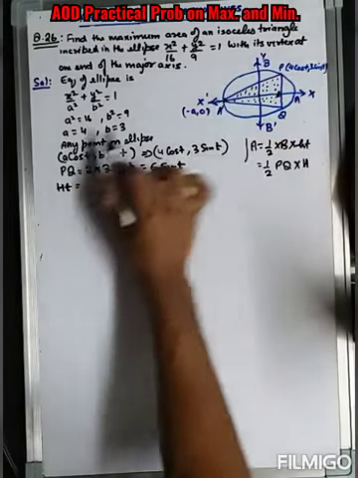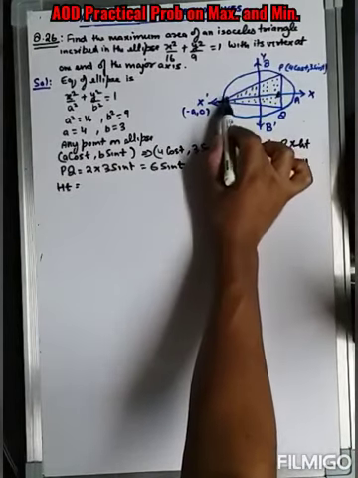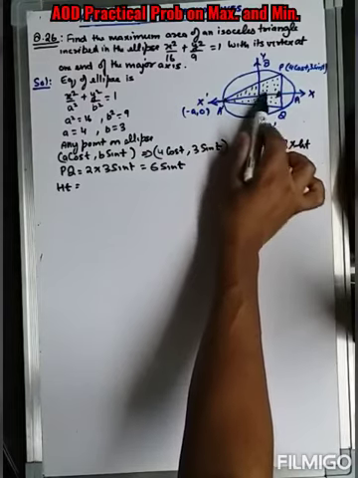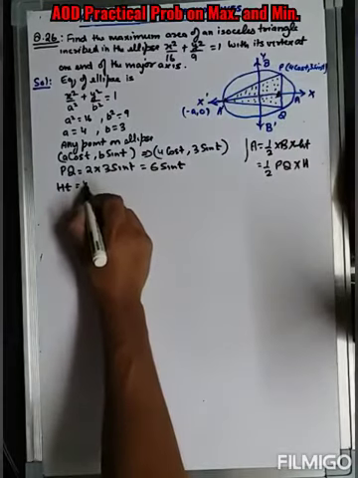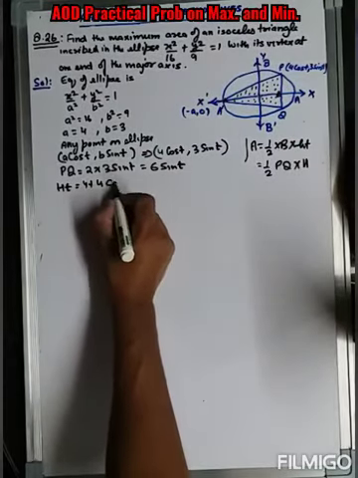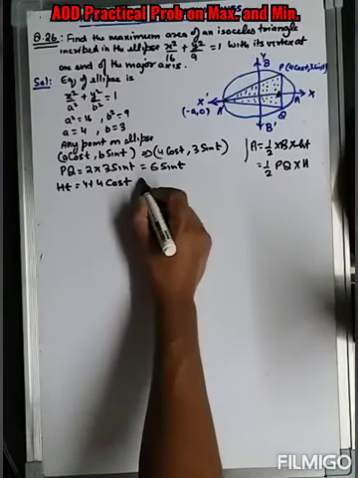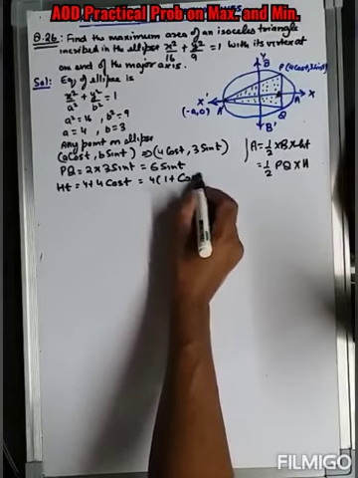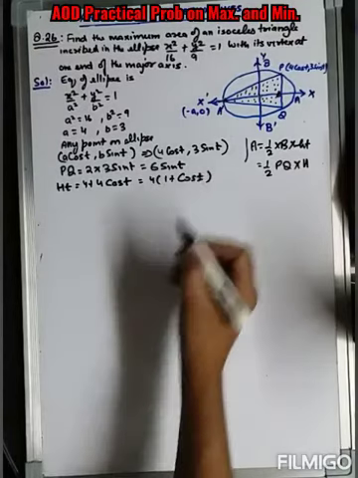So 4 plus 4 cos t. Take 4 common: 4 times 1 plus cos t.